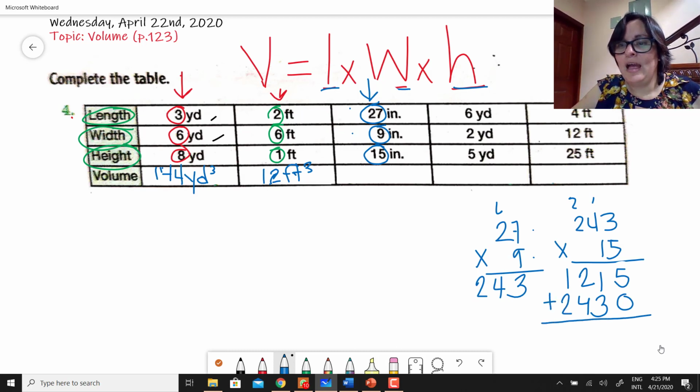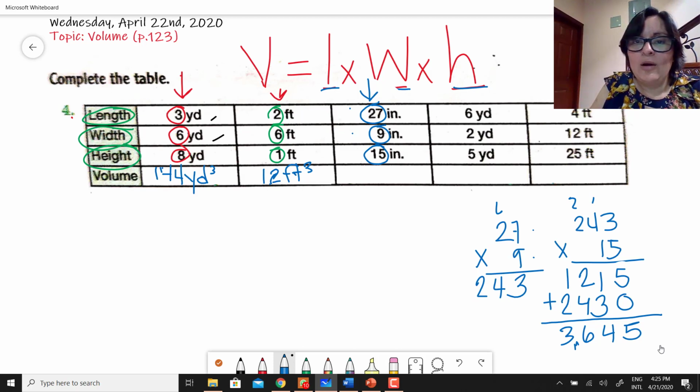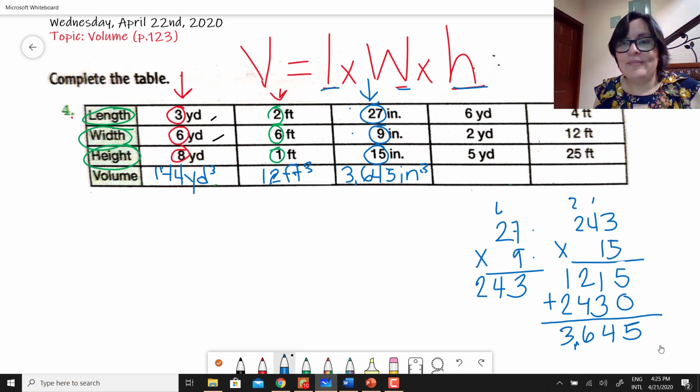Then we have to add that. 5 and 0, 5. 1 and 3, 4. 2 plus 4, 6. 1 plus 2, 3. So here we have the answer, 3,645, inches, and those inches have to be cubic inches. Okay, now let's continue with the next one.